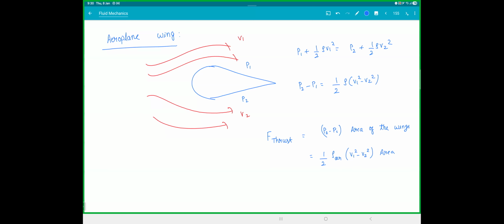Sir, I didn't understand the velocity difference on aeroplane wings. Why is the speed different? That you're asking? They design the thing like this. Normally, when they design, on this side you want the speed to be more. So this will be smoother, and this will be rougher.